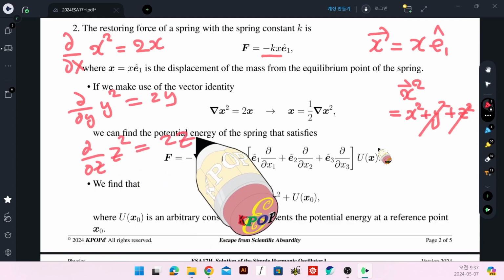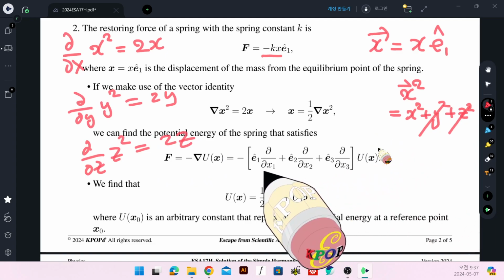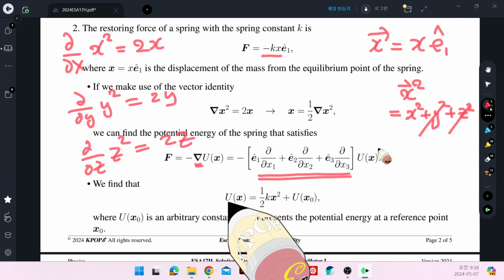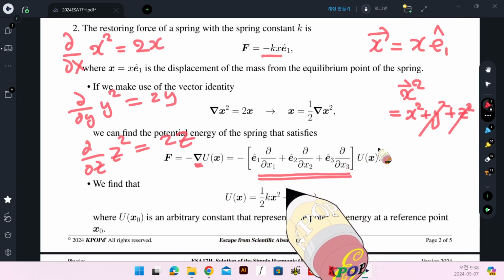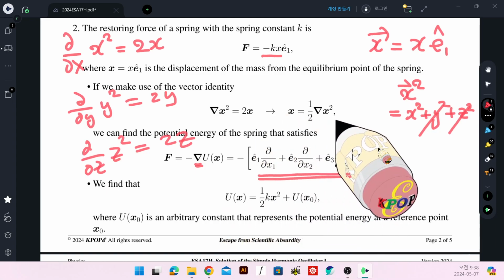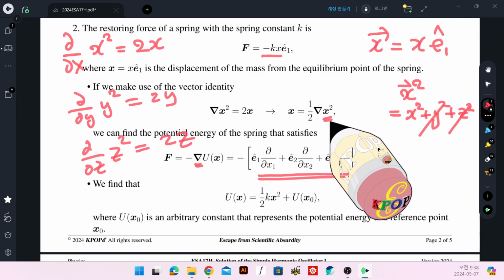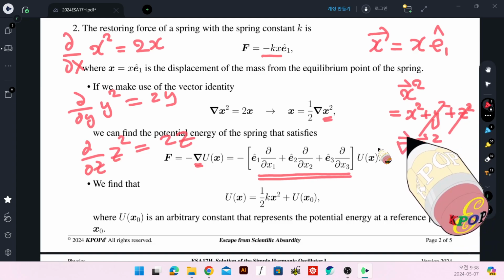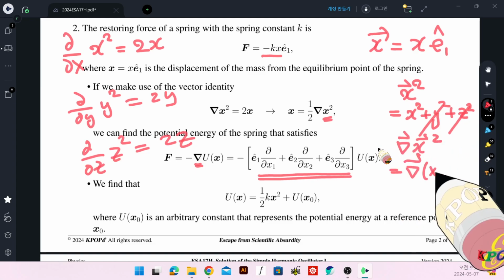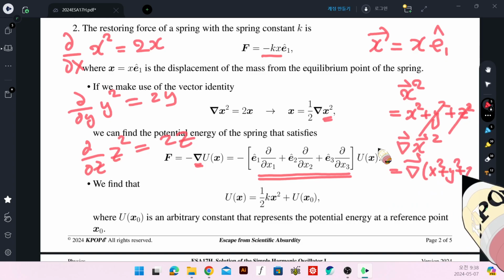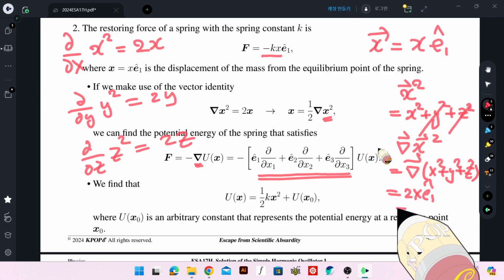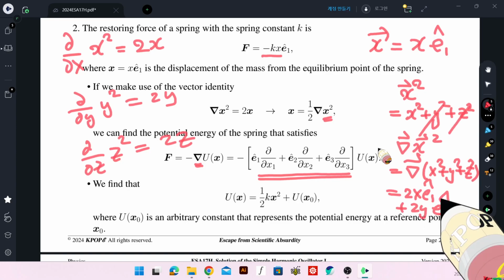Therefore, the gradient operator is defined like that. As a result, the gradient of the vector x squared, that is, x squared plus y squared plus z squared, is 2x e1 hat, 2y e2 hat, and 2z e3 hat.